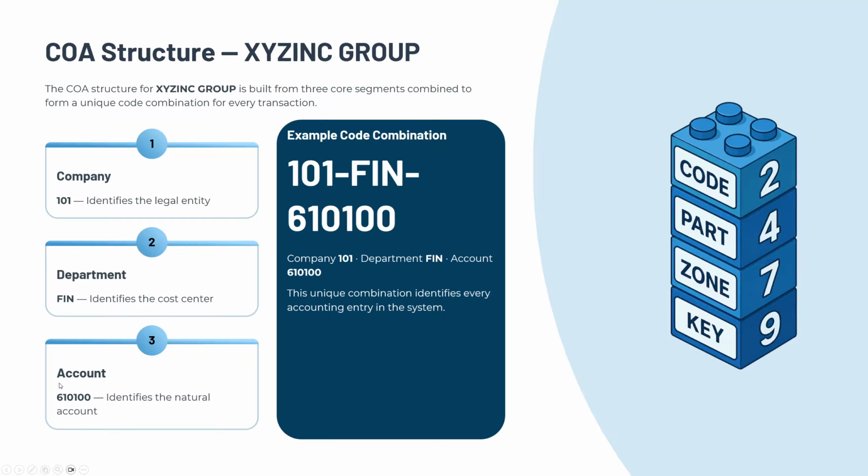For account, we use the natural account segment label. Using these three, we define 101, fin and 610100. We can call this a code combination of the account. Using this code combination, we can make the financial entries into the organization.